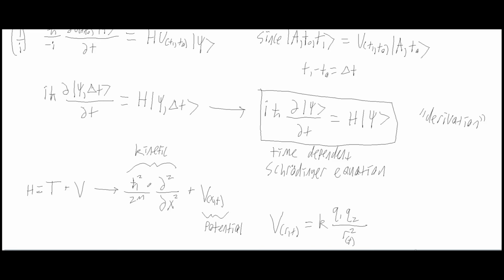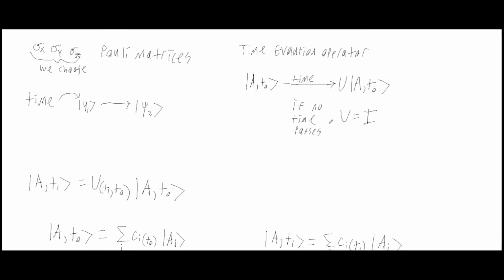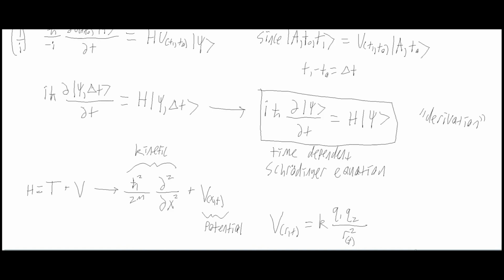But I just wanted to show how, just assuming this time evolution operator, we can go from there and get to the time-dependent Schrodinger equation, which tells us that this Hamiltonian operator right here is telling this system how to change over time.